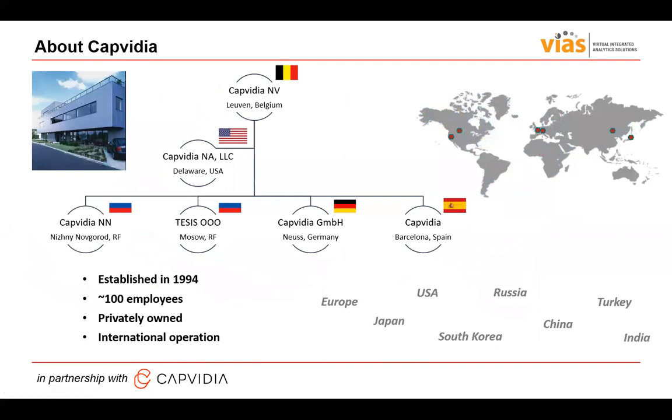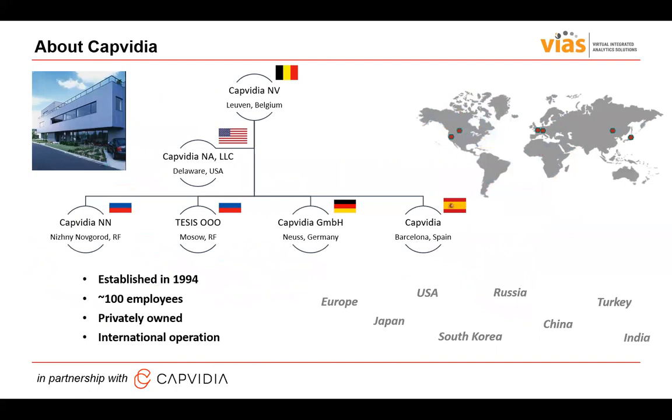And about the organization of Capvidia, it's headquartered in Leuven, Belgium, and we have offices in several locations all around the world, including the United States, Russian Federation, Germany, and Spain. In addition to that, we have an international operation through channel partners such as the Wyas Corporation.